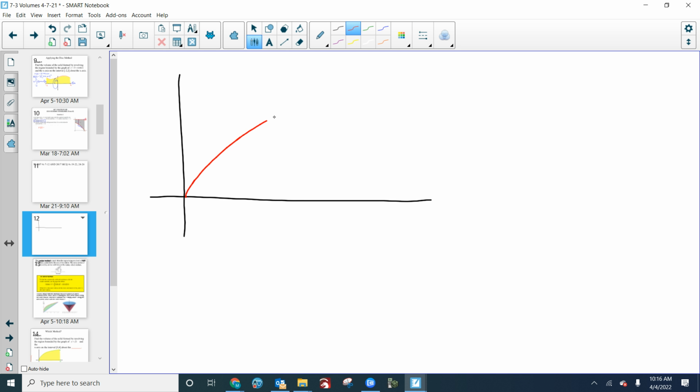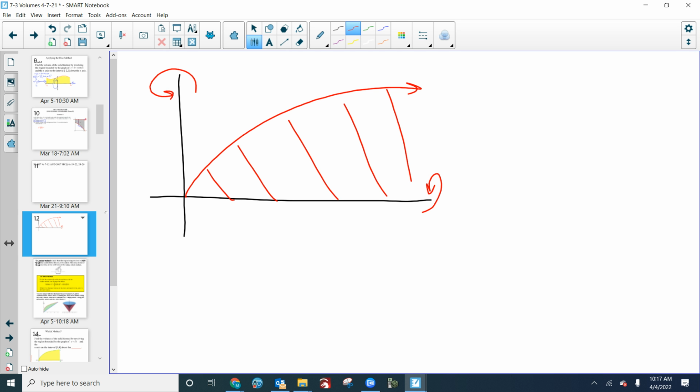So let's say we have this guy, and I'm not even going to do the problem. Ready? This guy around the x-axis. To disk method or not to disk method? I didn't think about it, but we can do a game today. Disk method. All right. This guy around the y-axis.